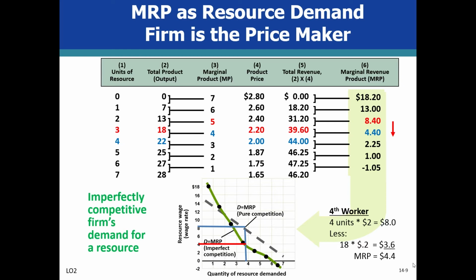So here we have the exact same kind of table as we had in the competitive market, columns 1 through 6. Units of resources, the total output, the marginal product, the product price. And here we're concentrating on column 4, which says in an imperfectly competitive market, in order to sell more volume, I've got to lower the price. It's the only way I can get more.